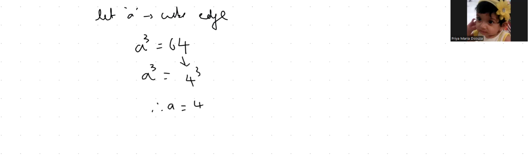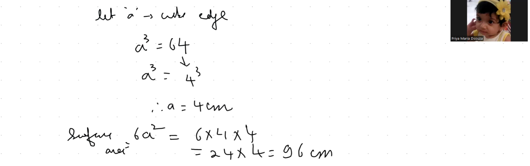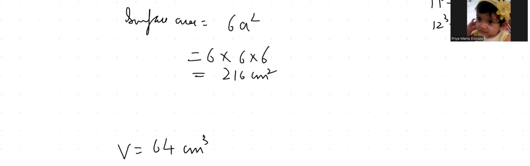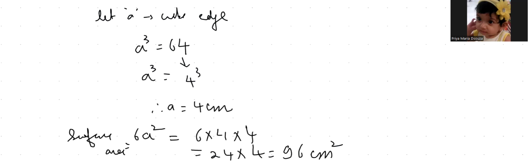Once we know A, that is the length of each side, then 6A square is surface area. The surface area will be 6A square, that is 6 into 4 into 4. 6 fours are 24. 24 fours are 96 centimeters square. Be very careful with the units. That you need to remember. So I'll just stop at this and we look more in the next upcoming session.